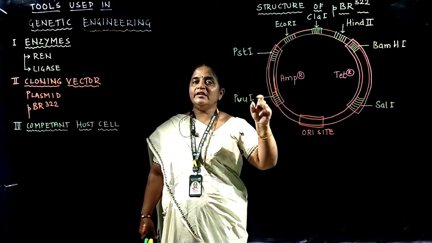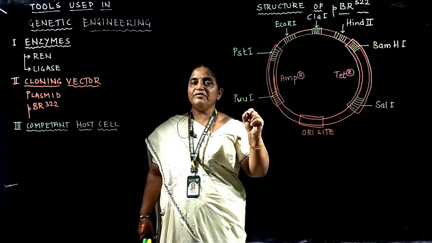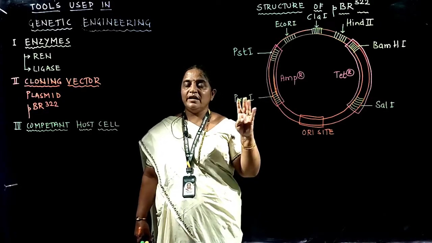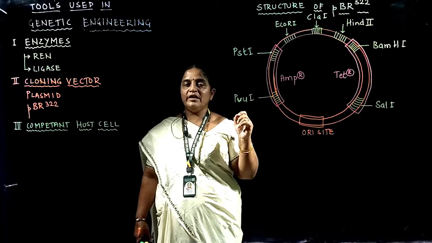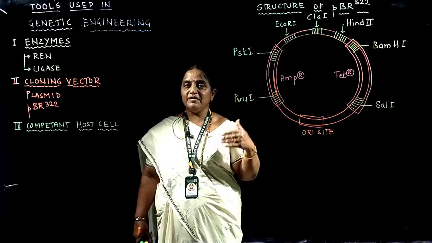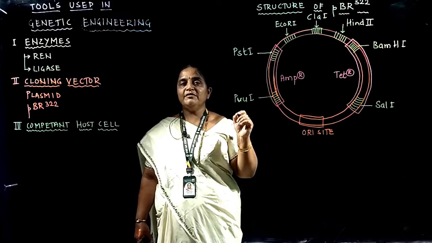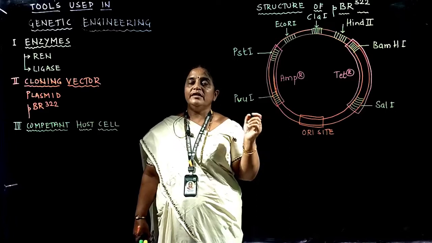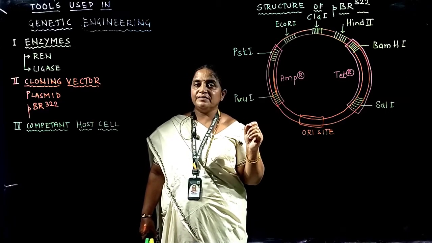The next two small letters indicate the species name of that microbe. The fourth alphabet, either capital or small, indicates the strain of the microbe from which the enzyme is isolated, and the Roman figure after that indicates the product number.